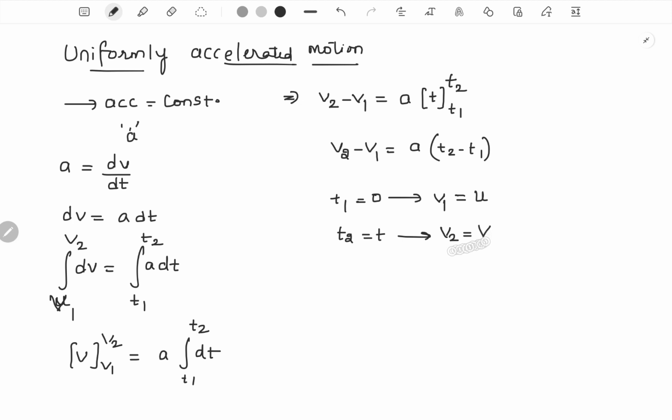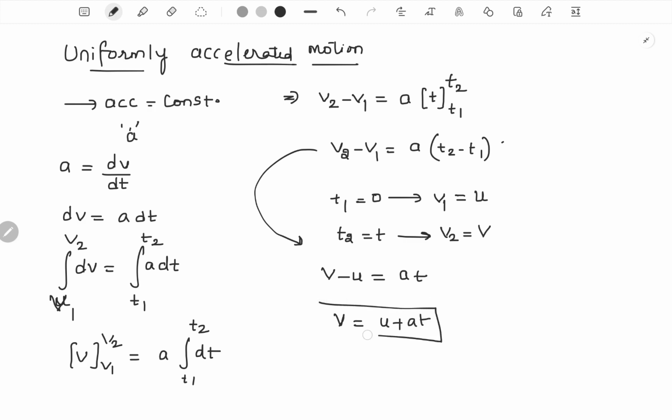Then if we substitute those things, we get v minus u is equal to a of t2 minus t1, which would be t, or we can write v is equal to u plus at. So this is what the velocity of a body v is going to be after a time t, if it's moving with a uniform acceleration or a constant acceleration.